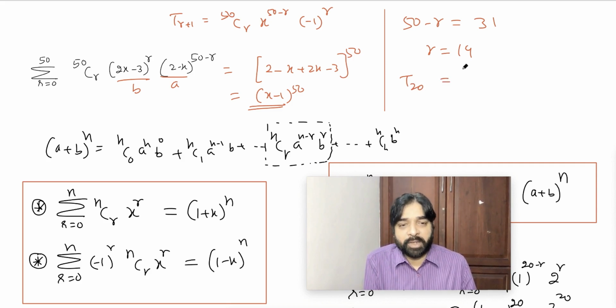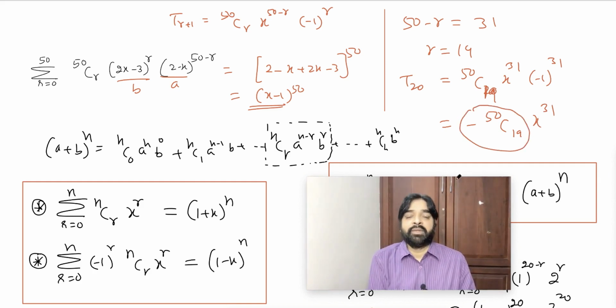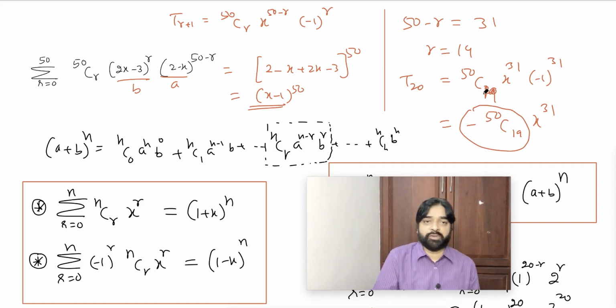So T20 will be 50C19 into x power 31 into minus 1 power 19. Or you can say minus 50C19 x power 31. So this is the coefficient of x power 31: minus 50C19 or minus 50C31, whatever you want to say. Both are the same thing.